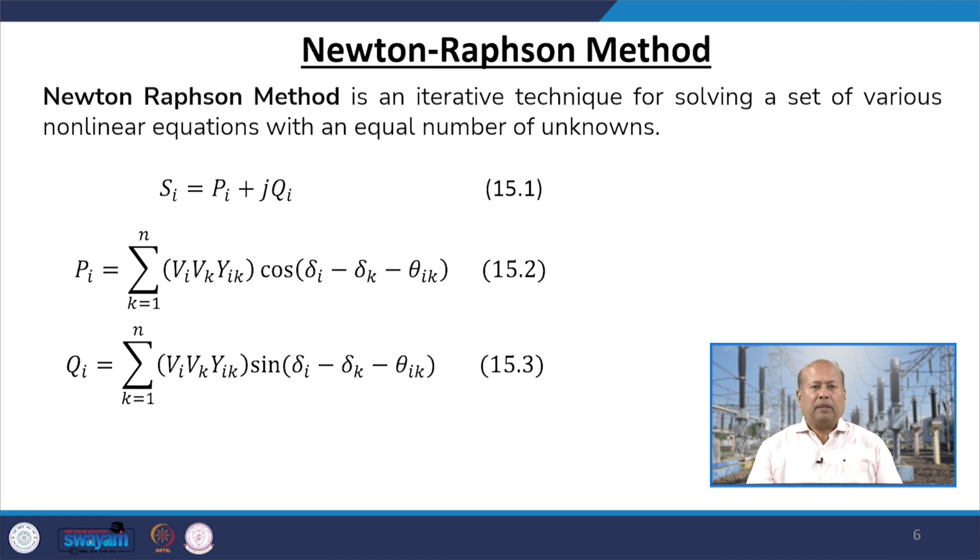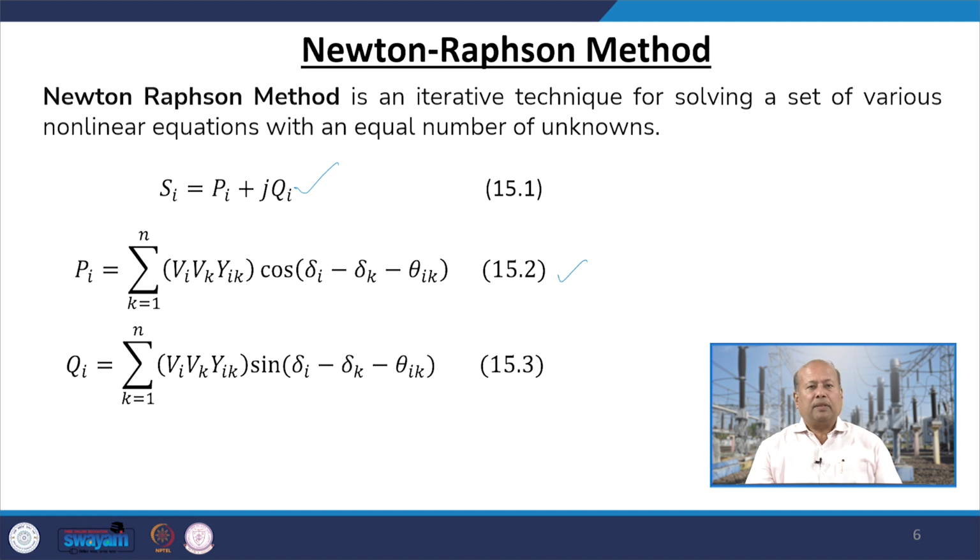Now quickly getting into the Newton-Raphson method. The Newton-Raphson method is an iterative technique for solving a set of nonlinear equations with an equal number of unknowns. As you all know, S, the apparent power, is P plus jQ, and the injected real power and injected reactive power at bus number i are given by equations 15.2 and 15.3, which are very standard.